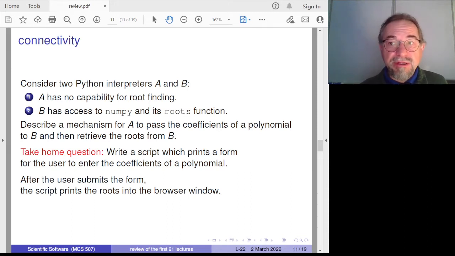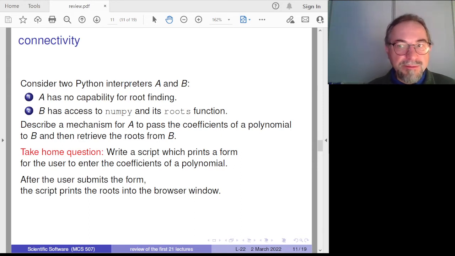So we have seen a mechanism for that. The plain straightforward mechanism is to work through files and via the system call. There are better mechanisms, but they are more involved and more technical.